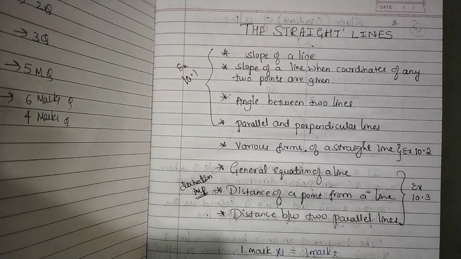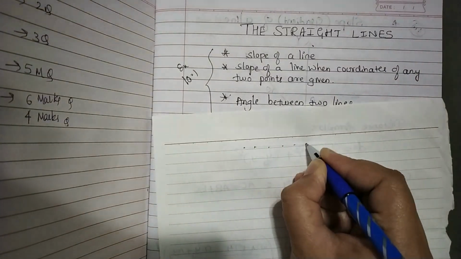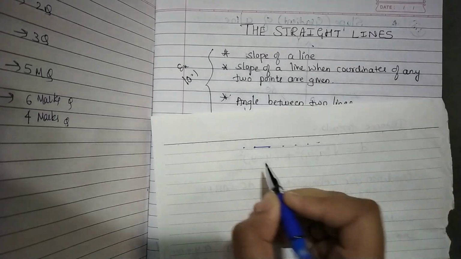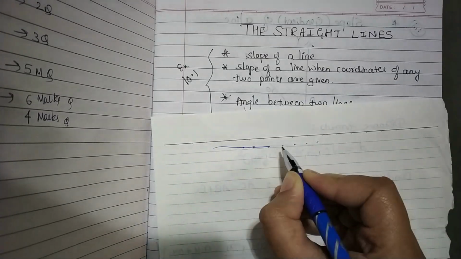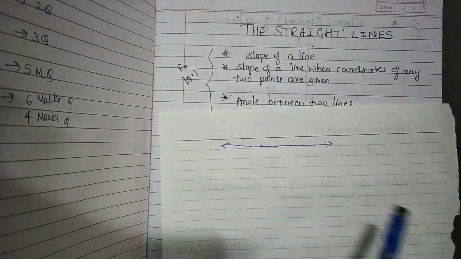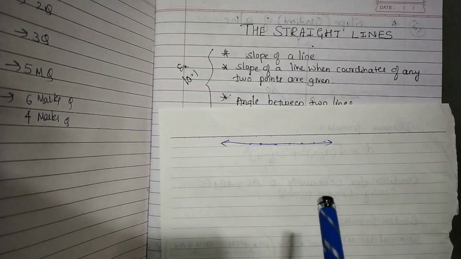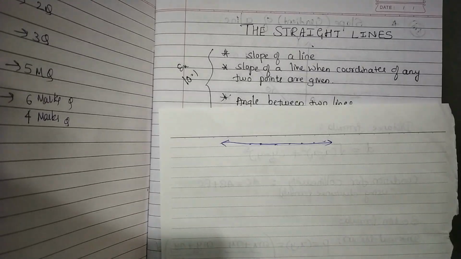A line is the shortest distance between 2 points, or a line which can be extended in both directions, and also it can be defined as the set of all points between 2 points and extending behind 2 points. Nothing but it has infinitely many points which can be extended in both directions indefinitely.